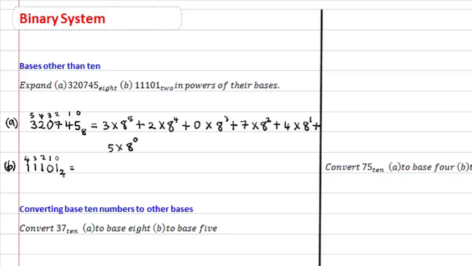So 1 times 2 raised to power 4, plus 1 times 2 raised to power 3, plus 1 times 2 raised to power 2, plus 0 times 2 raised to power 1, plus 1 times 2 raised to power 0.